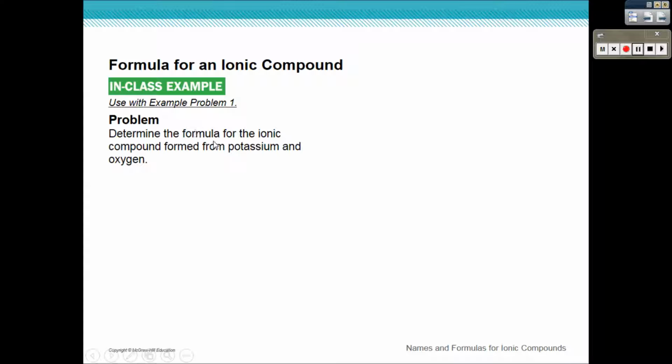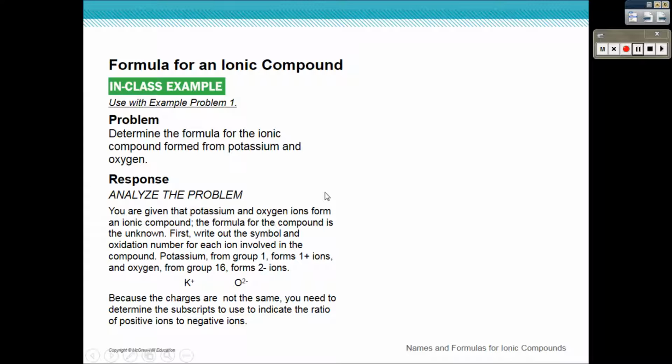Determine the formula for the ionic compound formed from potassium and oxygen. So we're going to put potassium and oxygen together here. First you want to write the symbols or the formulas for each of them. Potassium is K, and K is in the first group, so it has a +1 charge. Oxygen is in the sixth group, it will have a -2 charge. So you need to put a K+1 and an O-2 together.